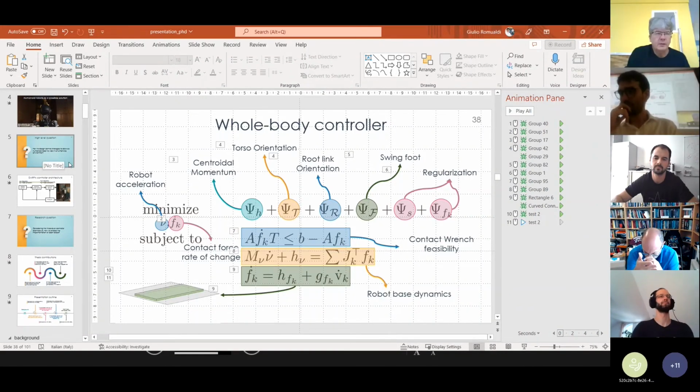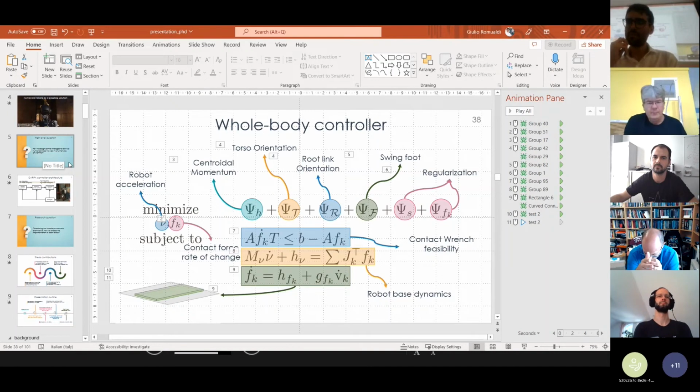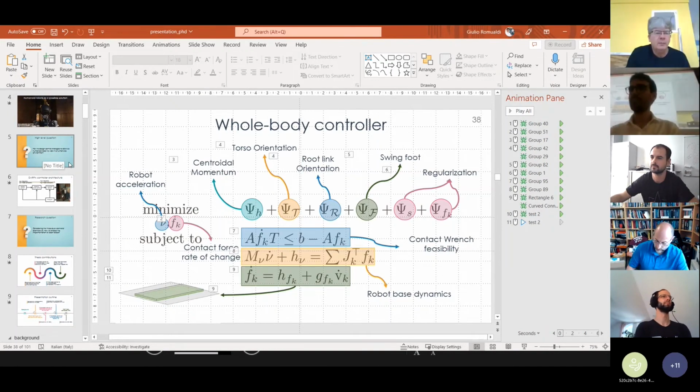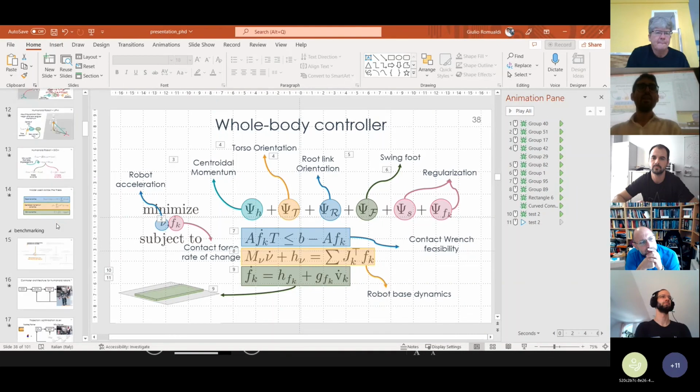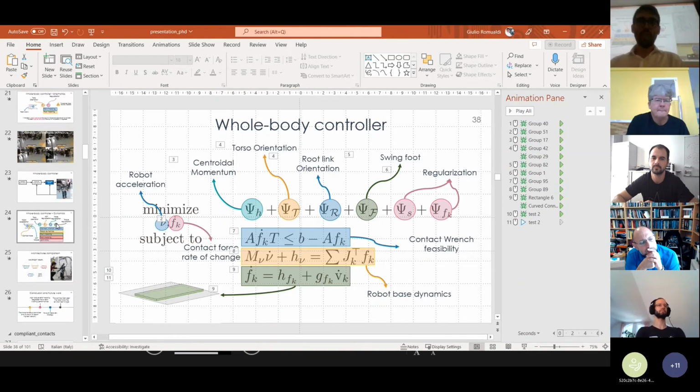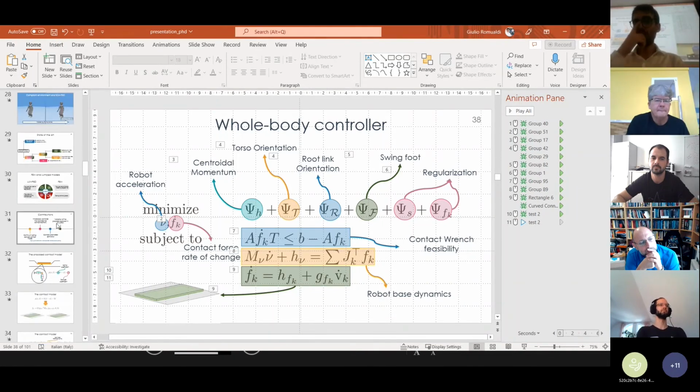And then also maybe to get human-looking walking, this should improve. Exactly. Okay. So you talked about modeling flexibility and compensating for it. What about backlash? Any thoughts on that? On Talos, they didn't notice any kind of backlash.